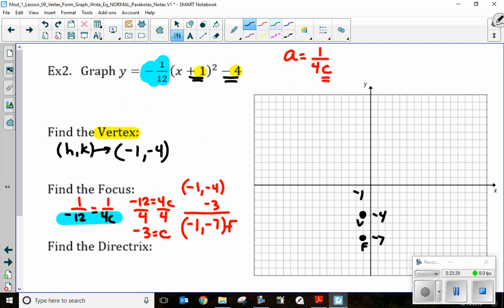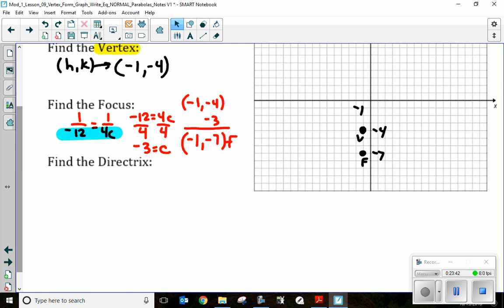So the last thing is my directrix. Now you can say, if I moved down 3, I would just have to move up 3 for my directrix. All right, and I could draw that line there. That's fine. You can do that. But let's algebraically figure this out, and it's literally just adding or subtracting.